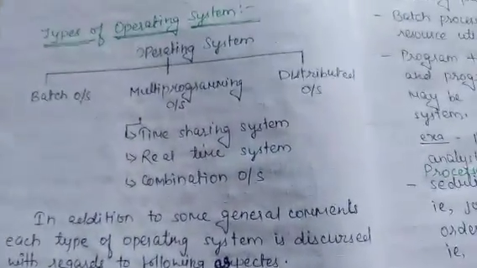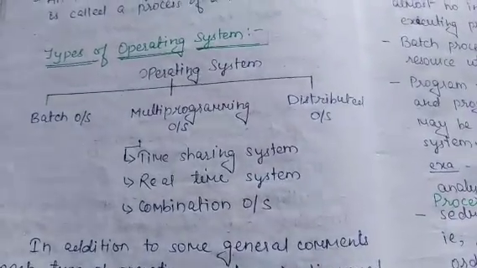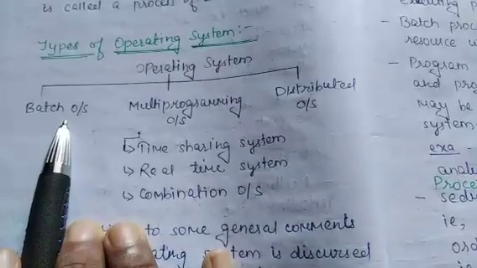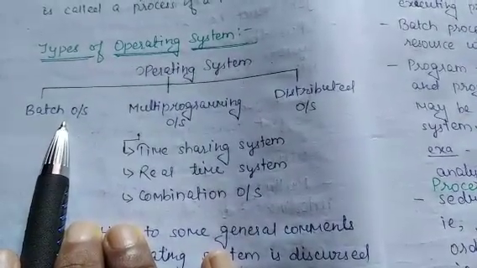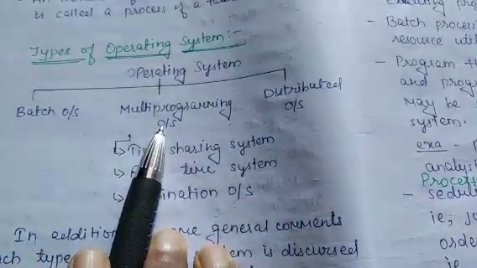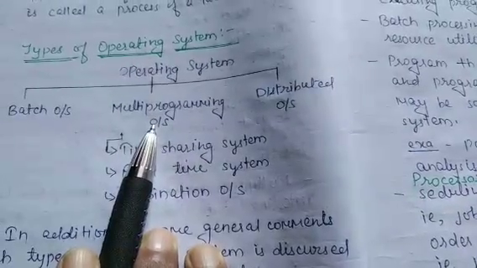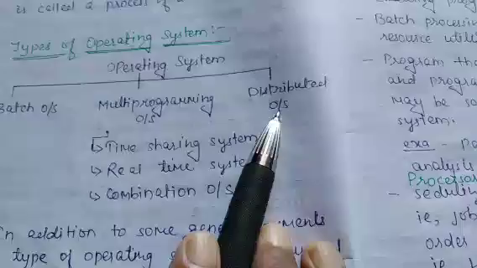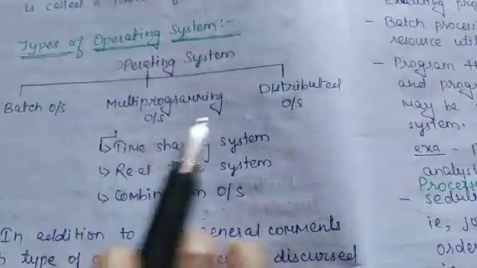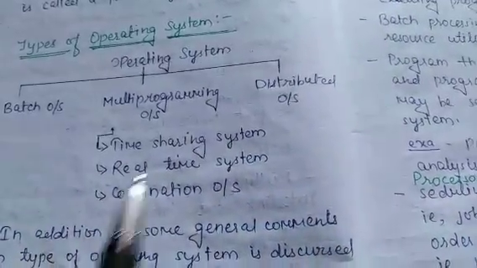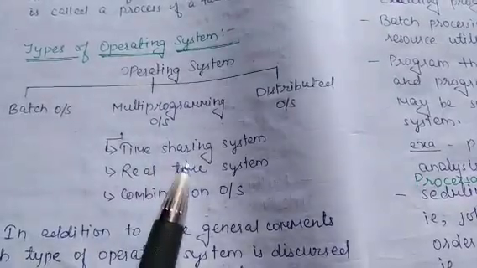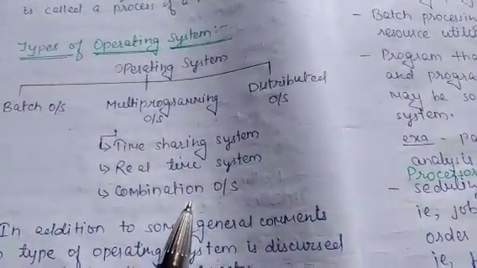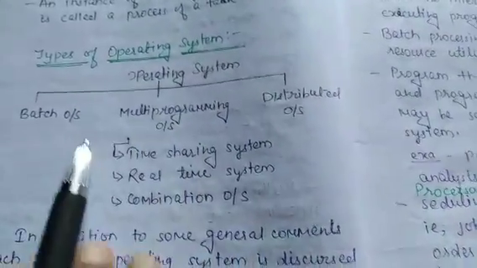There are many types of operating systems like batch operating system, multi-programming operating system, where at the same time a number of programs can be executed, and a distributed operating system. And also this multi-programming operating system is used in time sharing operating system, real-time operating system, and combinations of operating system. So these are the basics.